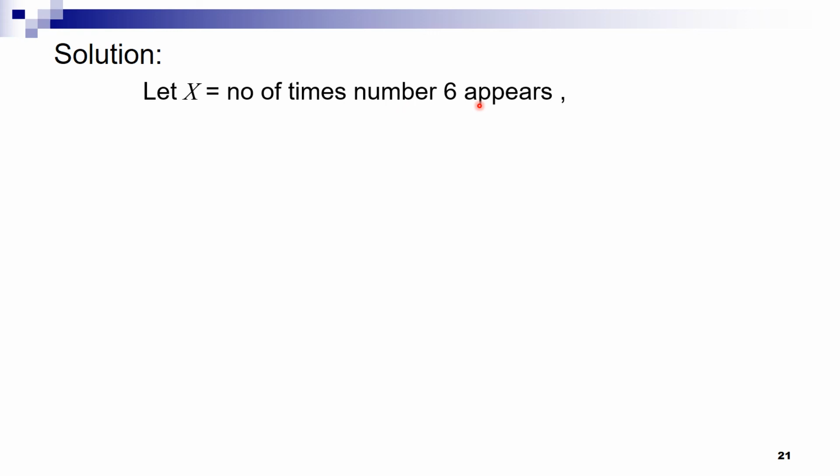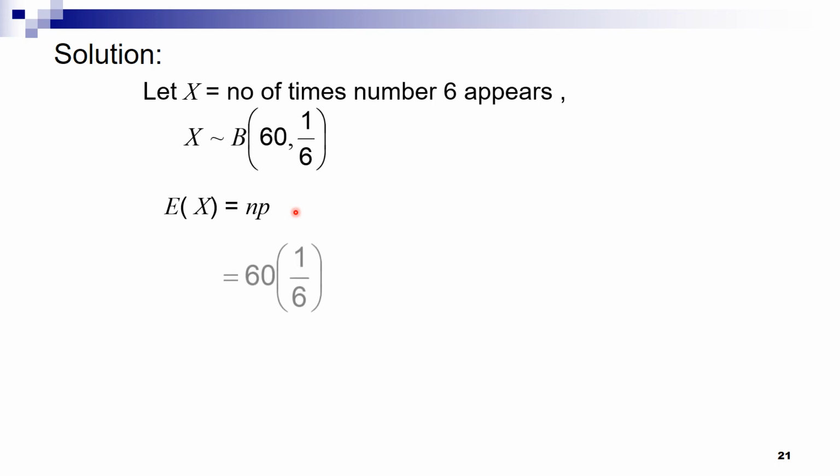What is the probability of getting a 6? 1/6. So x is binomially distributed with n 60, and the probability of getting a 6 is 1/6. So find the expected value, it's just np. Substitute n 60, your p 1/6, so you have 10.